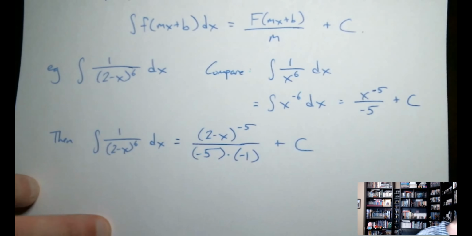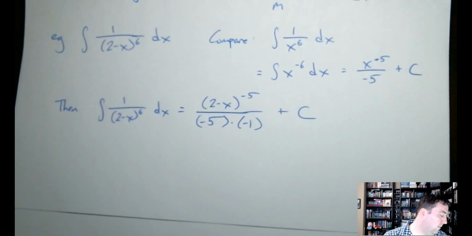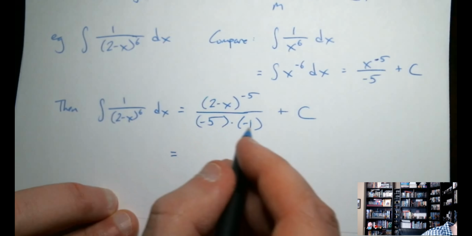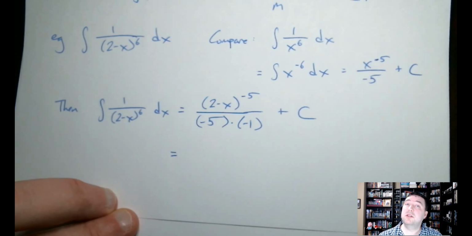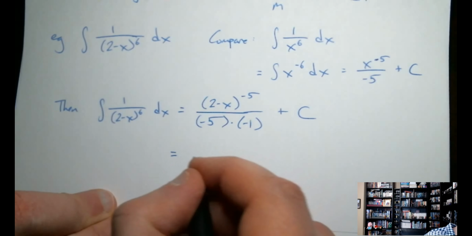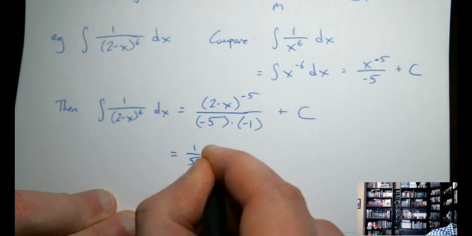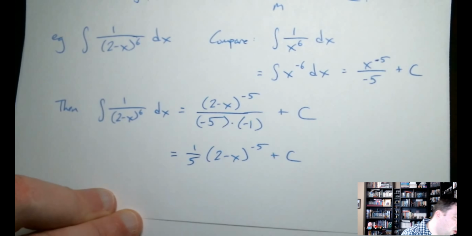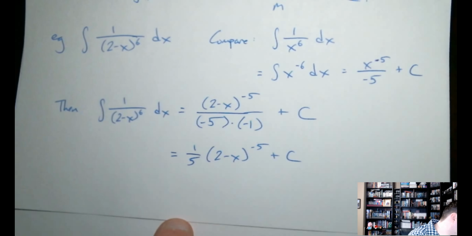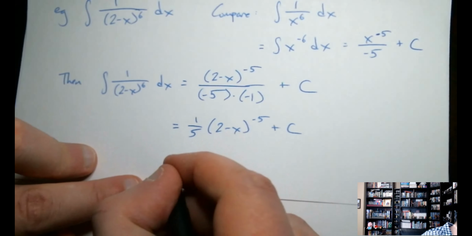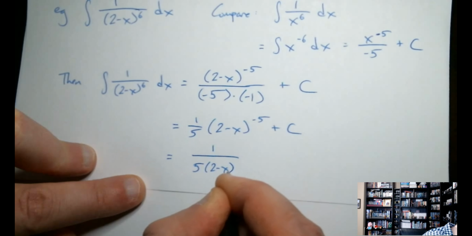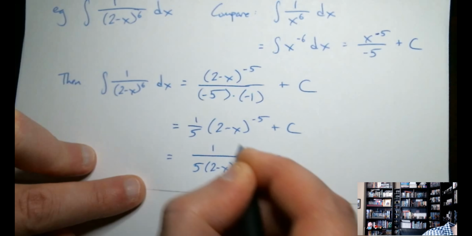And of course, tack on that plus c. So then that's going to give us, well, negative 5 times negative 1 is positive 5. So we could write it as 1/5 times 2 minus x to the negative 5 plus c. Or you could turn that back into a fraction, or you could write it as 1 over 5 times 2 minus x all to the 5th plus c. Either one is fine.